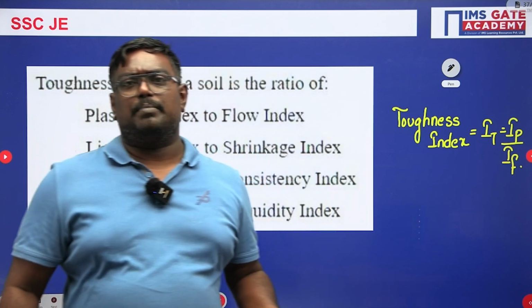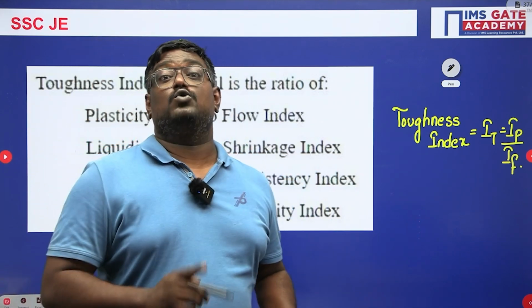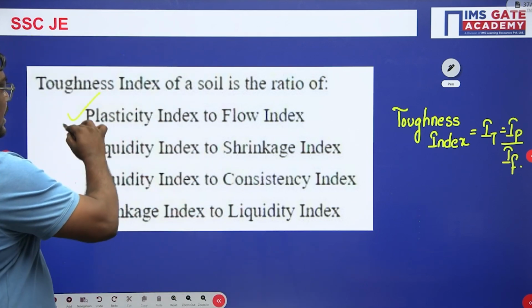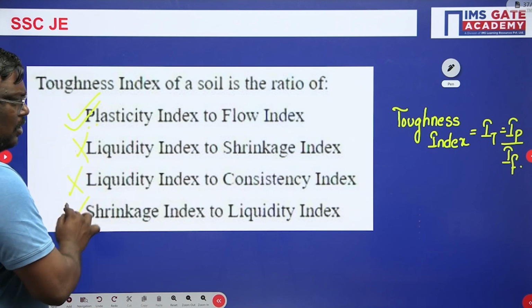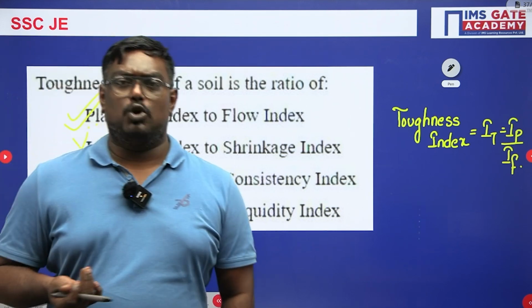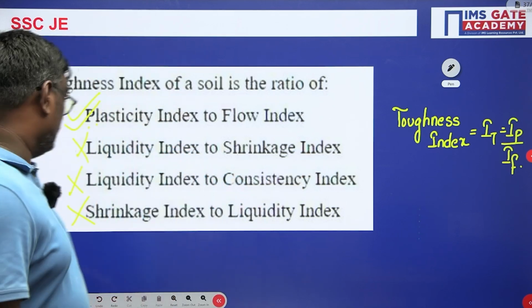IP means plasticity index. IF is flow index. The slope of the flow curve is known as flow index. So the right answer is the first one. Liquidity index to shrinkage index, no. All these others are wrong. So remember, toughness index is something like the hardness of the soil. Definitely through the toughness index, you will be able to solve it.